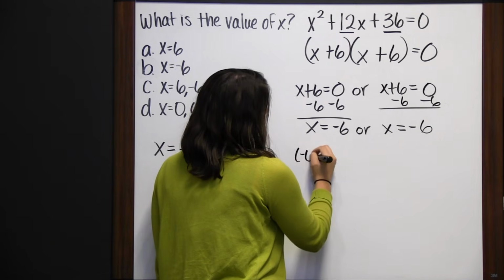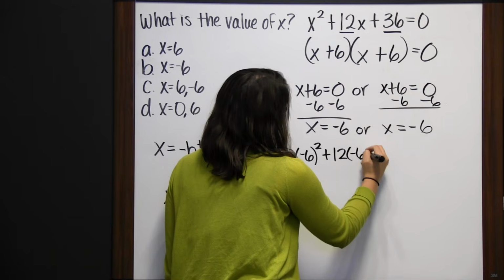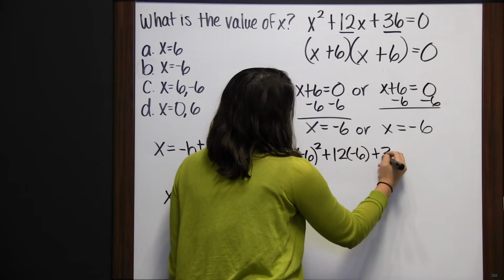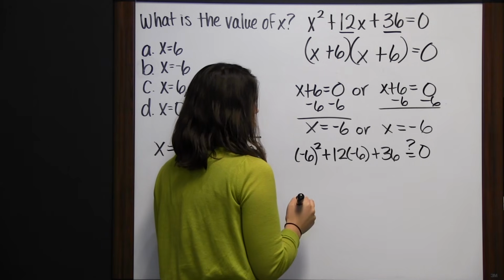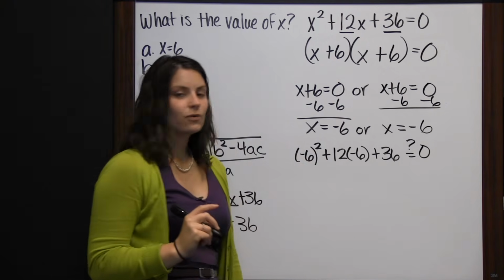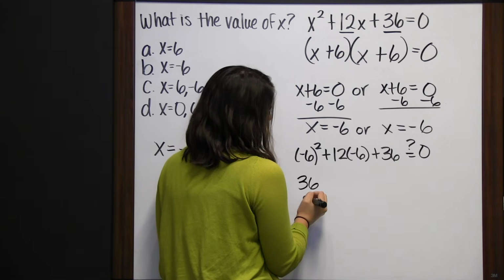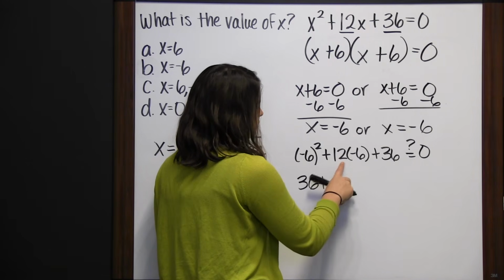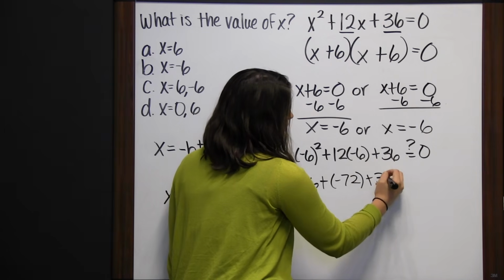So that's negative 6 squared plus 12 times negative 6 plus 36. And what I want to know is, does that equal 0? Negative 6 squared, negative 6 times a negative 6, is 36, plus 12 times negative 6 is negative 72, plus 36.